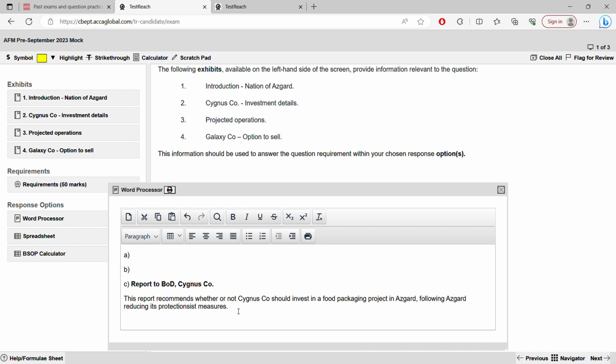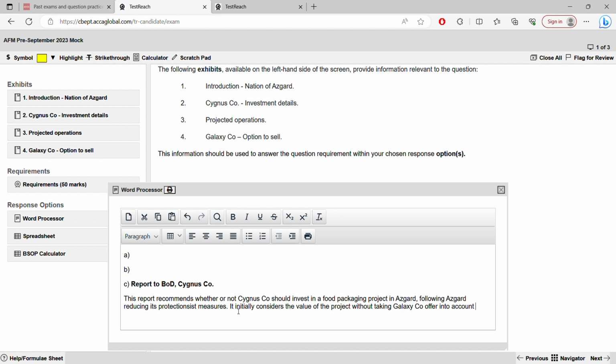So it initially considers the value of the project without taking Galaxy company's offer into account.